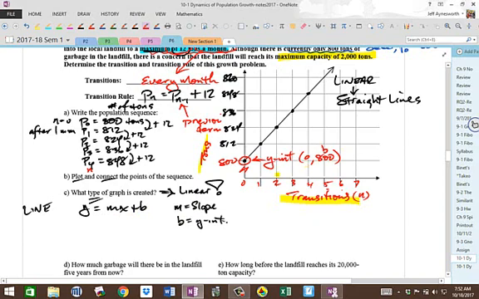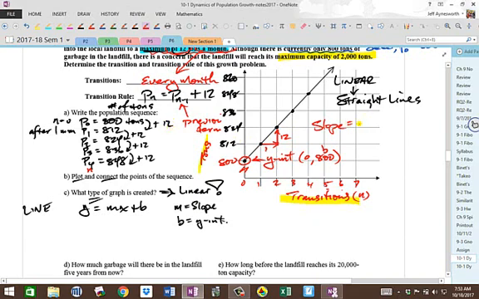What's your slope? Well, that slope is rise over run. So we can go run this way and rise this way, right? And the distance between 1 and 2 is 1, and the rise between 812 and 824 is 12. Oh, so right here, it looks like your constant difference is 12. That's your slope.